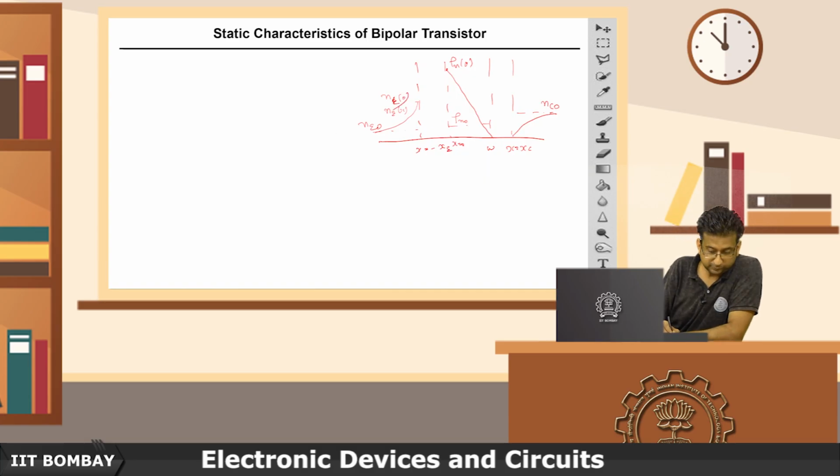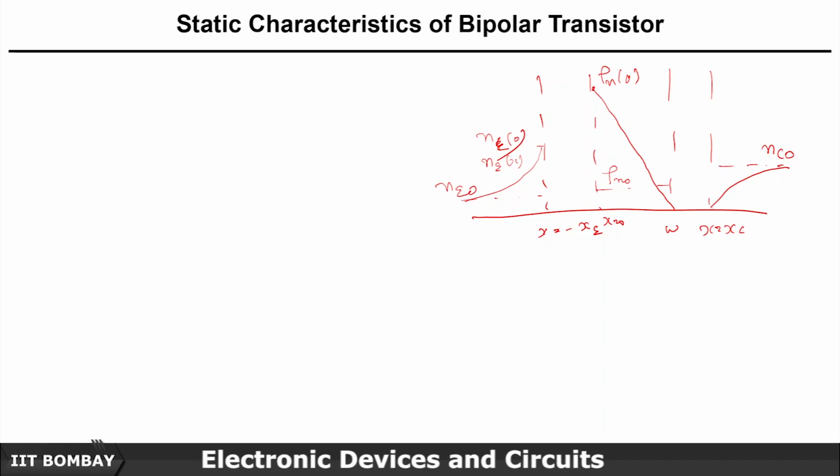Now, for these electrons in the emitter, let's say at x equal to minus XE, at the edge of the depletion region. This is the first depletion region, this is the second depletion region, right?